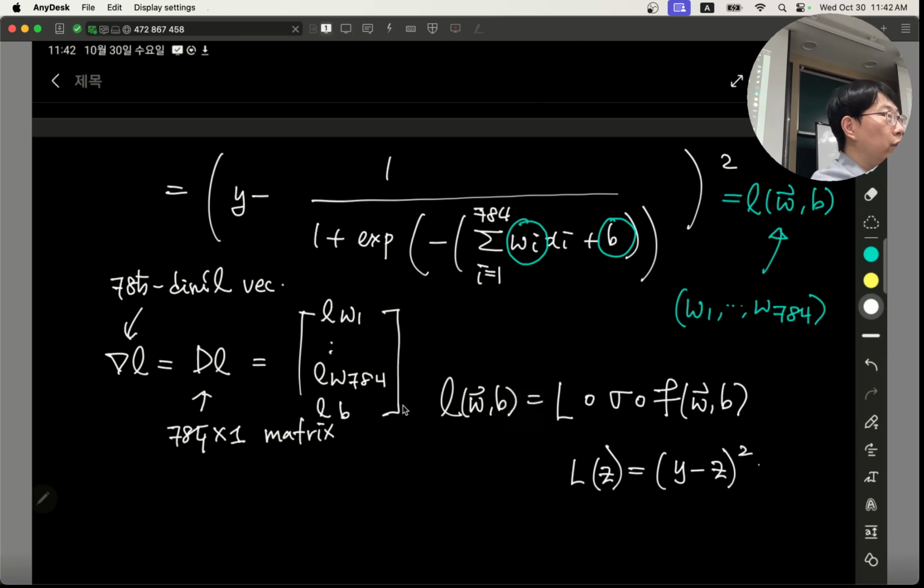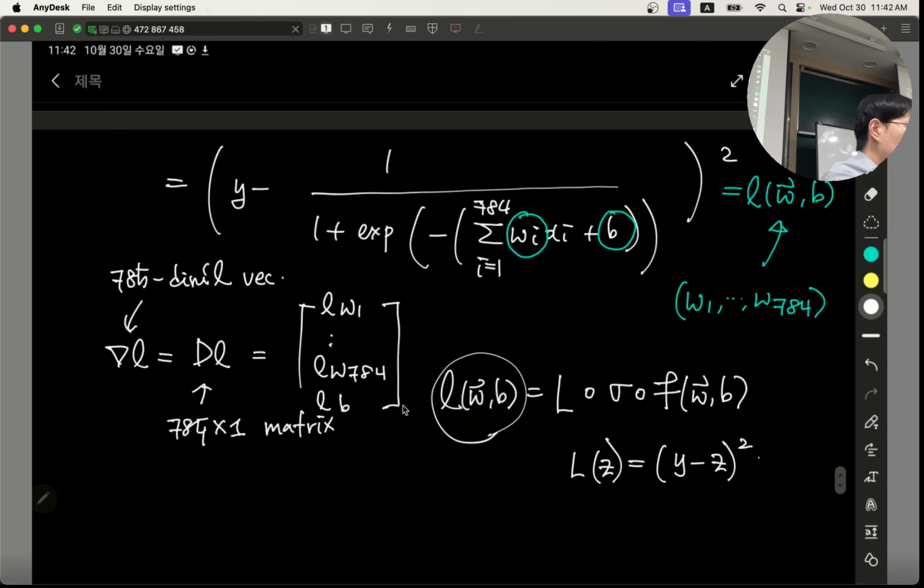Now let's use the chain rule here. If you want to take the partial differential of L, then it is the product of the differential of L, the differential of sigma, and the differential of f: dL times d sigma times df.